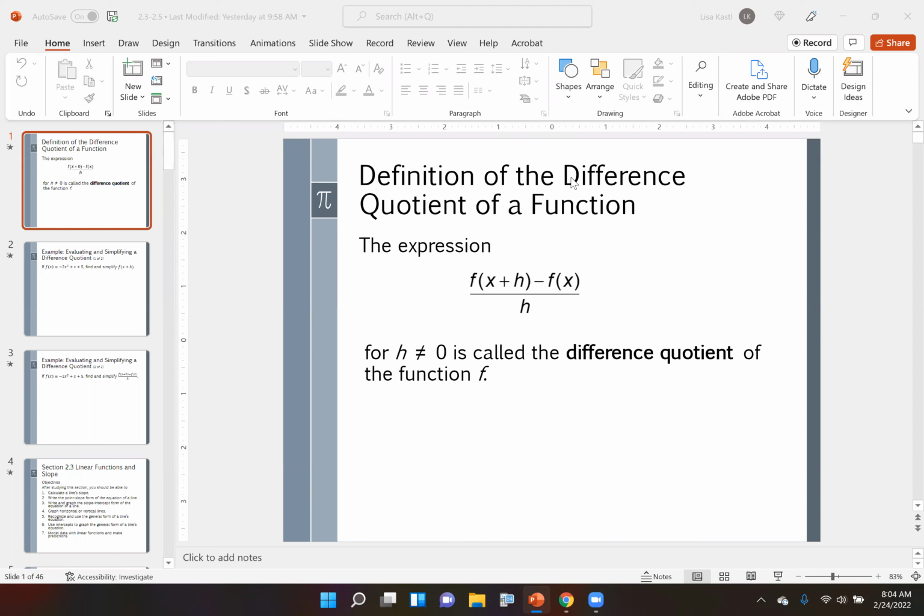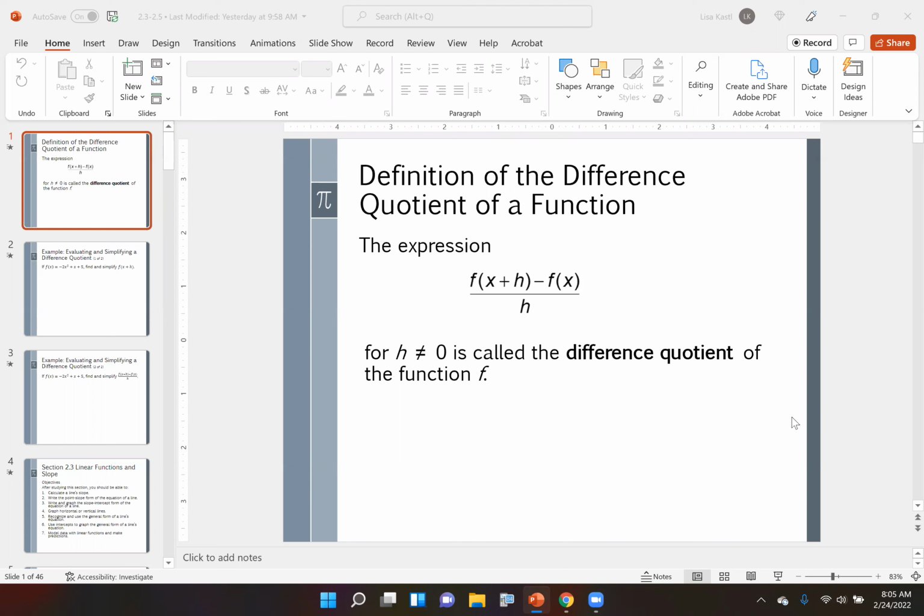College algebra is a precursor to trig and calculus and any other mathematics you want to take. The difference quotient is extremely important in calculus. As a matter of fact, it's one of the first things you learn in calculus because it's the way you learn to take a derivative.